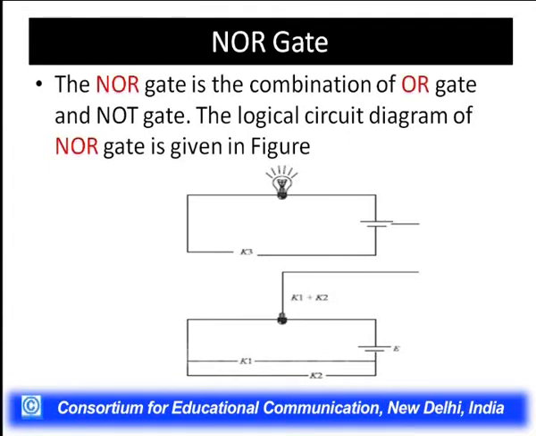The logical circuit diagram of the NOR gate is given in the figure here. The bottom is the logical circuit of the OR gate and on the top is the logical circuit of the NOT gate. Take the output of the OR gate circuit and give it as the input to the NOT gate. That output of the NOT gate will be the output of the NOR gate.